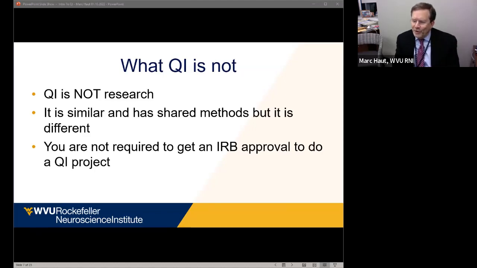And when I heard QI is not research, you didn't have to go to the IRB, I thought, I'm just doing QI now. That'll be easy. But it just doesn't work that simply. It is not research. They share certain things. And the best part about it is you don't have to go through the IRB. But there are things that are very consistent about QI and research. Next slide, please.